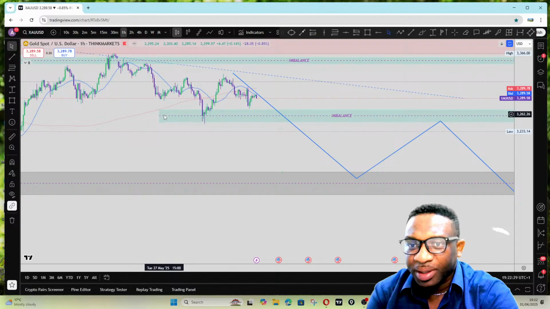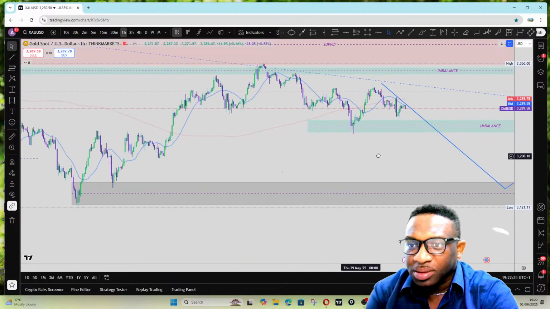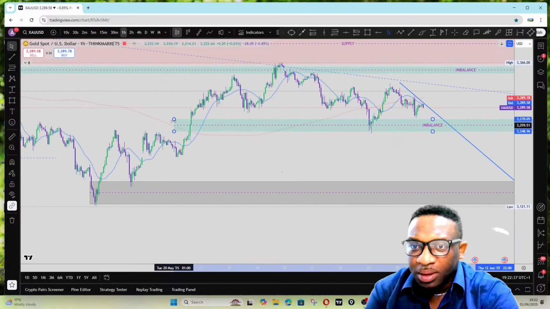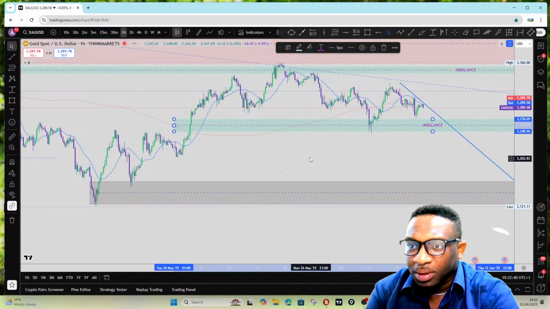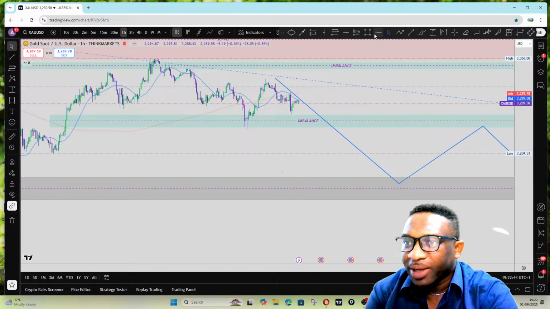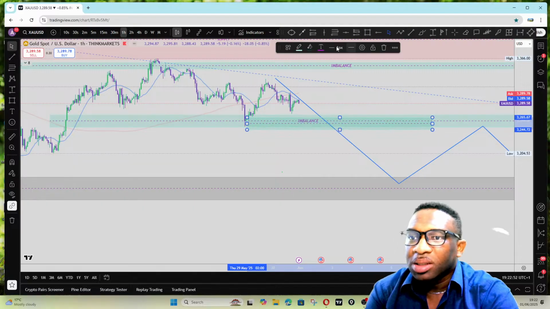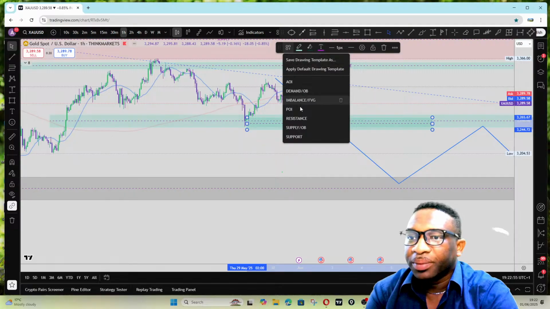Over here we have this, which is on the daily imbalance area. Then we have this area to be our demand area currently.